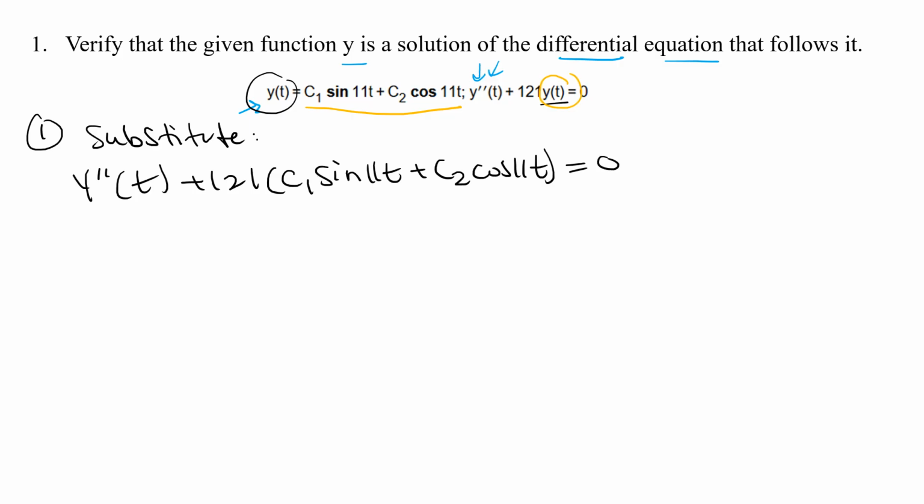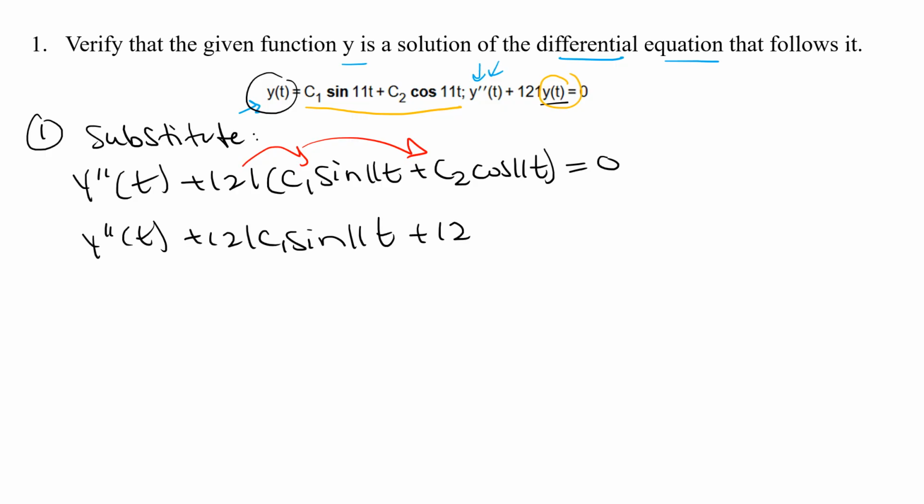So now what we will do from here is simply distribute our 121 through. So we get y double prime of t plus 121 c1 sine of 11t plus 121 c2 cosine of 11t. Okay?